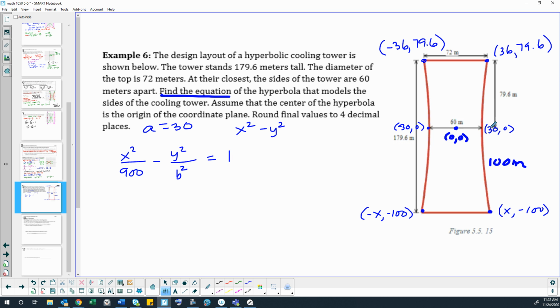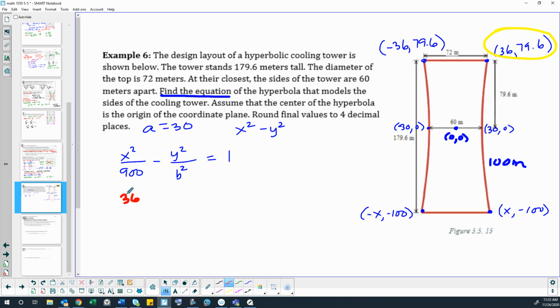So fortunately we have a bunch of points. These don't really help us much, but we do have these points, which are helpful because we have both the x's and the y's. So what if we took this point right here and plug it in for x and y, and then solve for b? That could be an adventure, right? Let's do it.